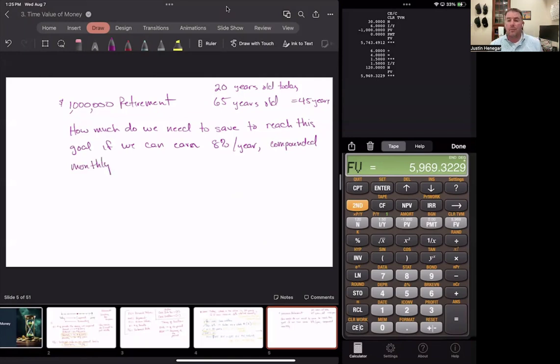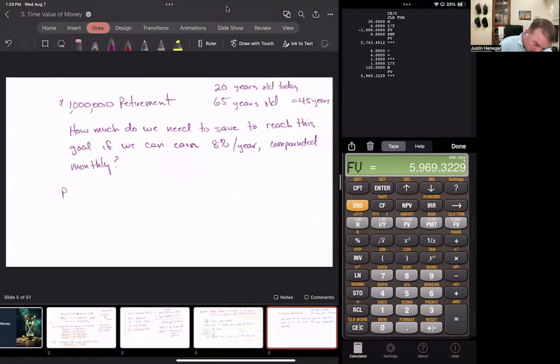And why do we want to do this monthly? Well, most people get paid at least on a monthly basis. And so we want to know, how much do I have to set aside each month in order to reach this goal? Okay.